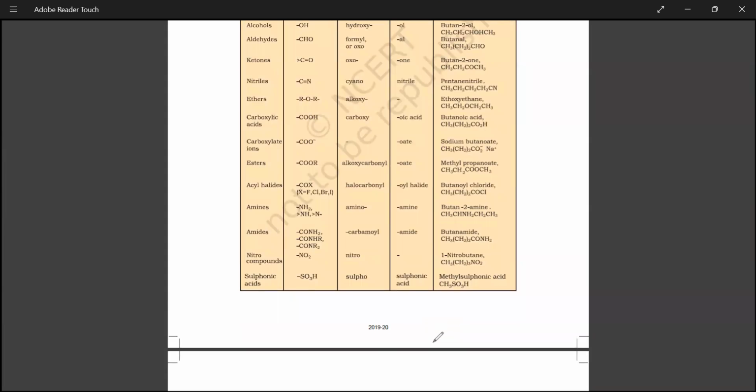Then what next is, if an NH2 group, that is amine, is there, then the prefix used will be amino and the suffix will be amine. Methanamine, ethanamine, propanamine, phenylamine, single word. And for CONH2, that is amide, the prefix will be carbamoyl and the suffix will be amide.